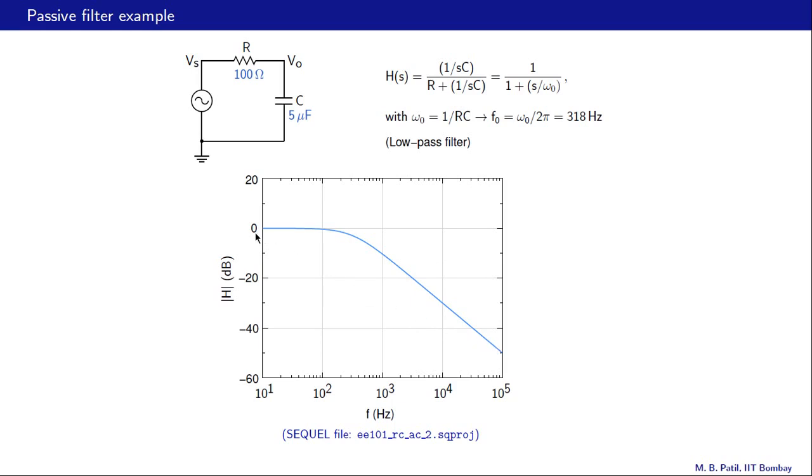And if we relate this to the Bode approximations that we have looked at earlier, the intersection of these asymptotes, the low frequency asymptote and the high frequency asymptote, would actually give us the cutoff frequency. So the cutoff frequency would be somewhere here, and that is 318 Hertz. The SPICE file for this example is available and you can take a look at it.